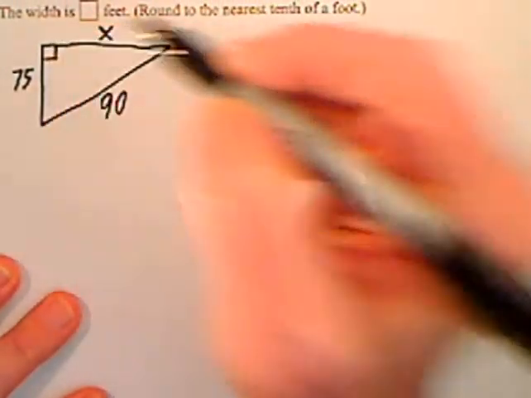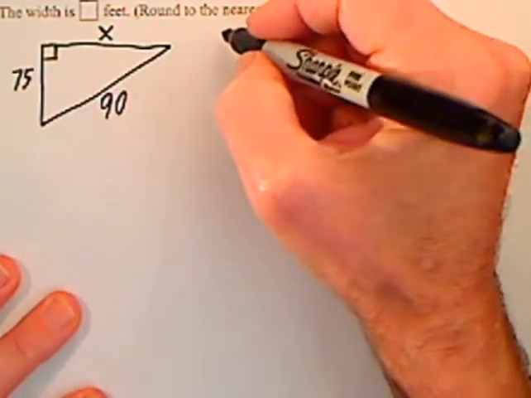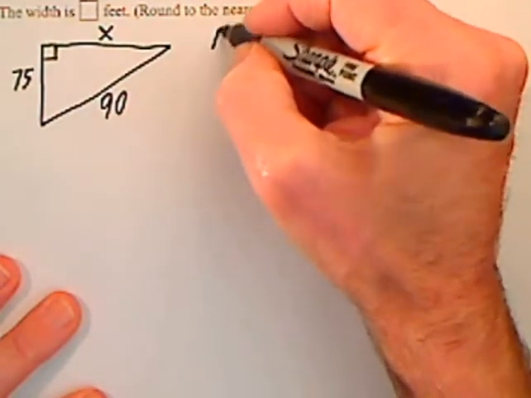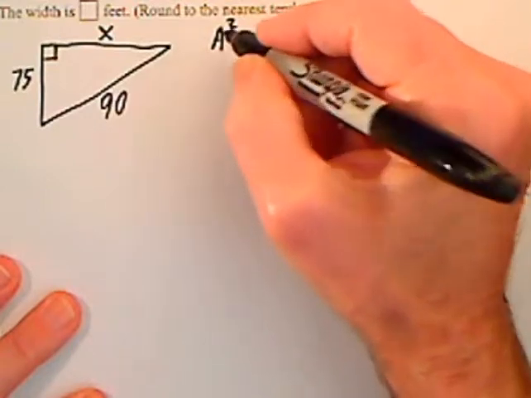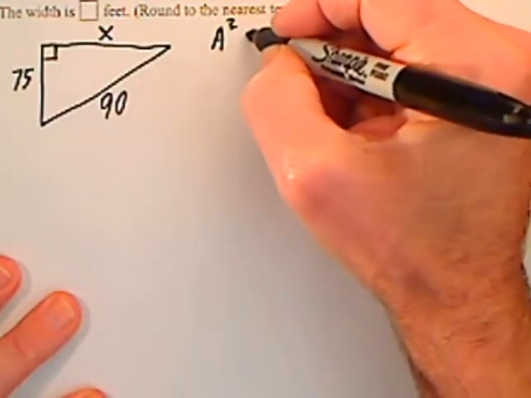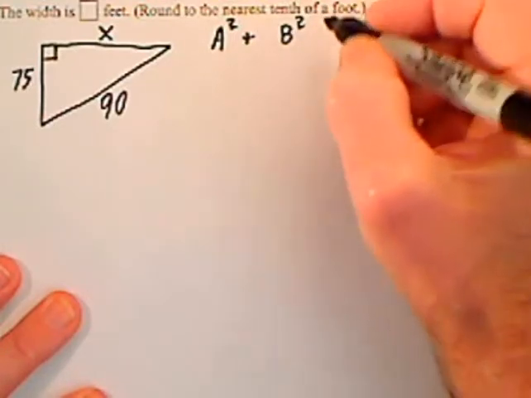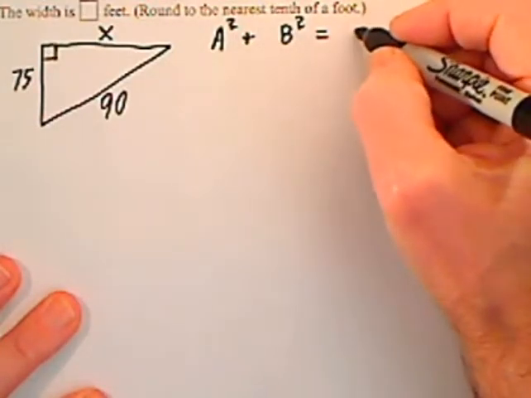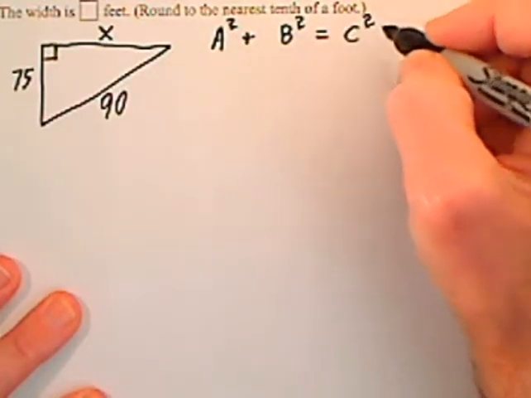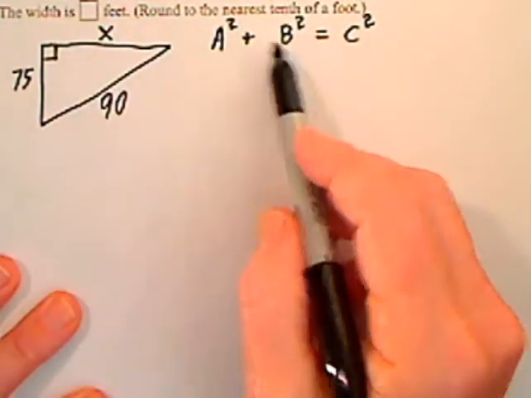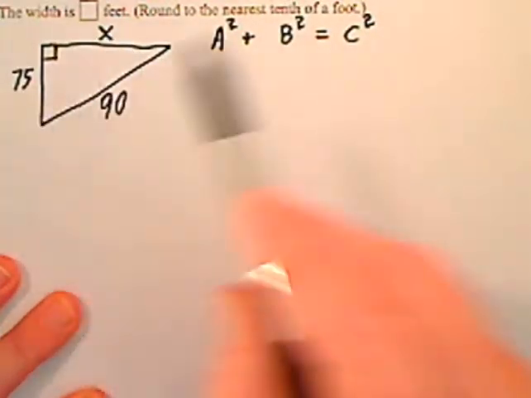Provided you have a right triangle, then you know that the length of side A squared plus the length of side B squared is equal to the length of side C squared. A and B are the legs.